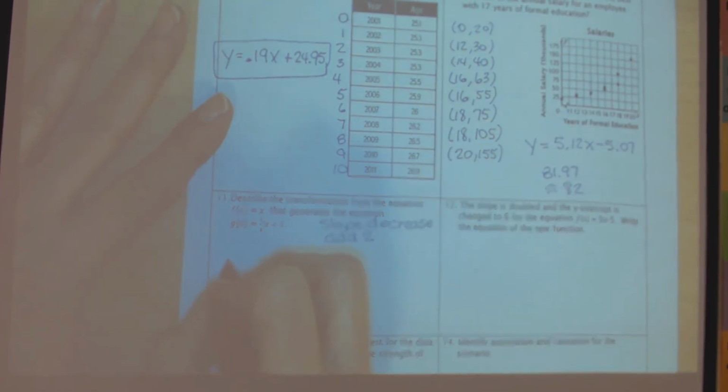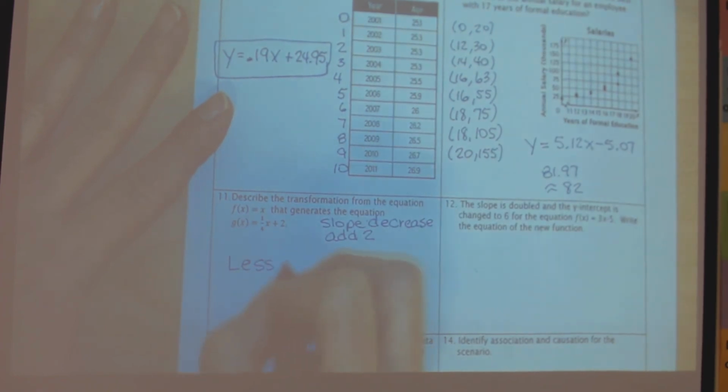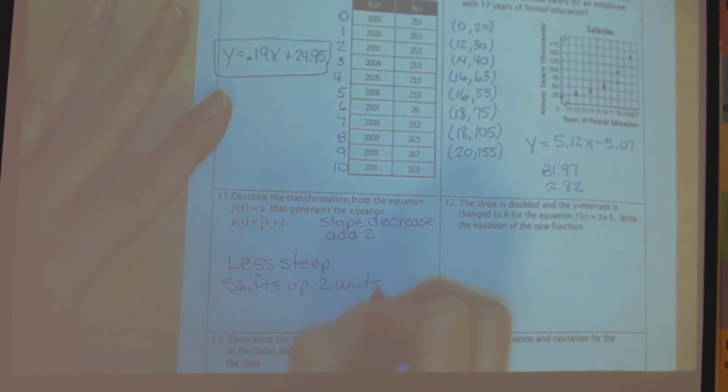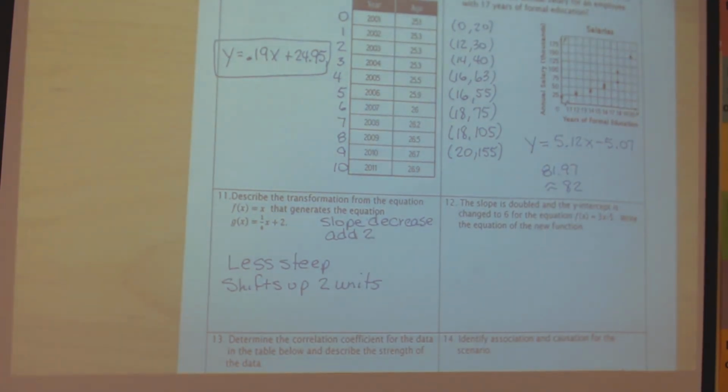So a decrease in slope means that it becomes less steep. And adding 2 means it shifts up the y-axis 2 units. So that would be our transformation. It would become less steep and it shifts up 2 units.